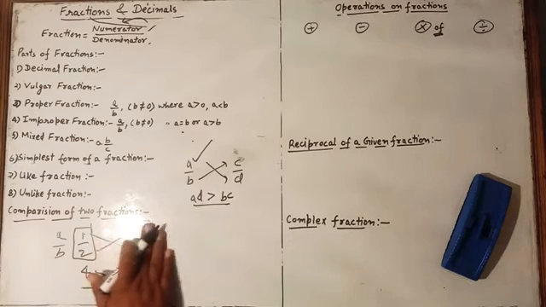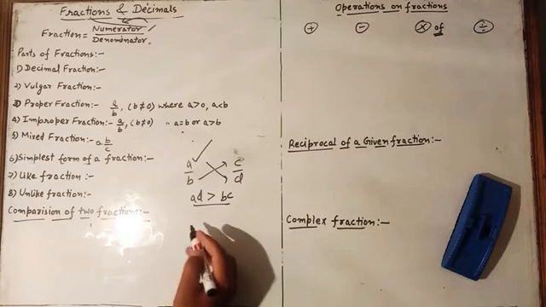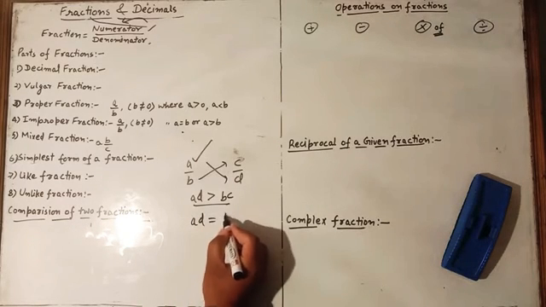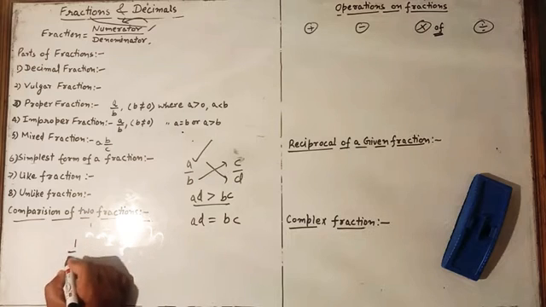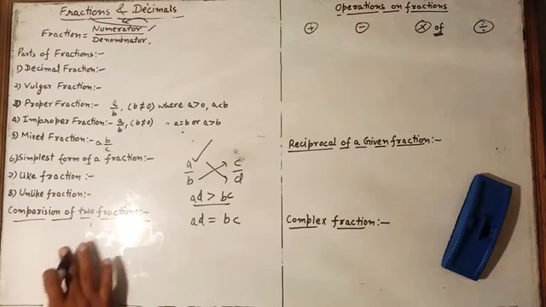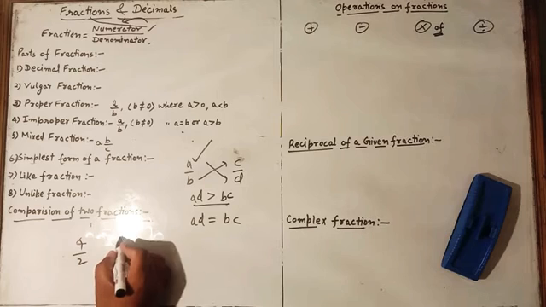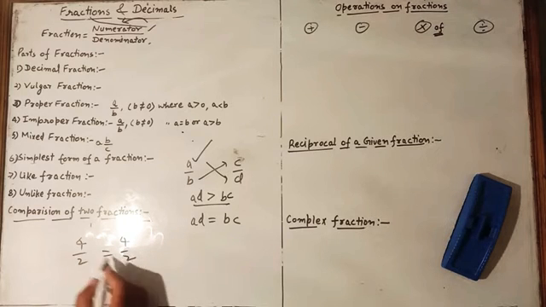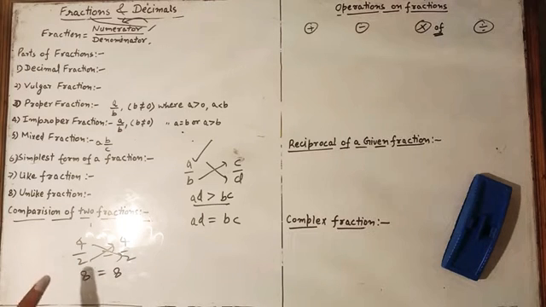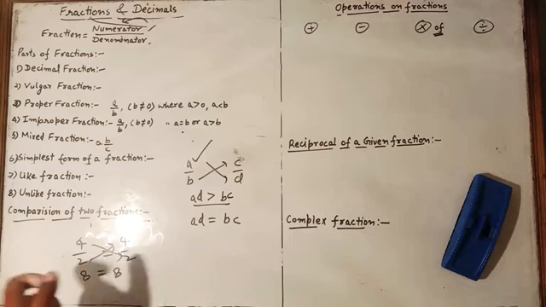The second case can be that AD is equal to BC, like 1 by 2 and 4 by 8, or 4 by 2 and again 4 by 2. Then on cross multiplication, 4 twos are 8 and again 4 twos are 8. Means this part and this part both are equal.